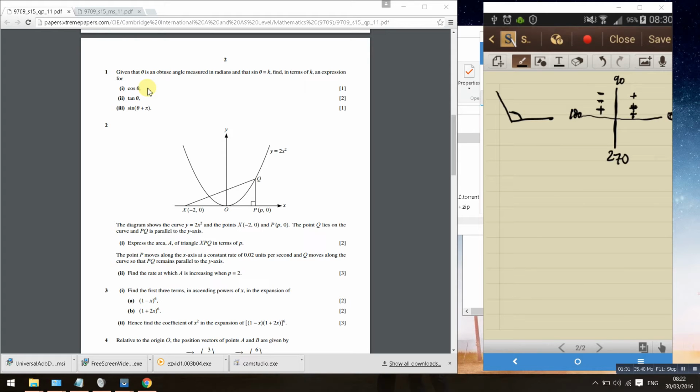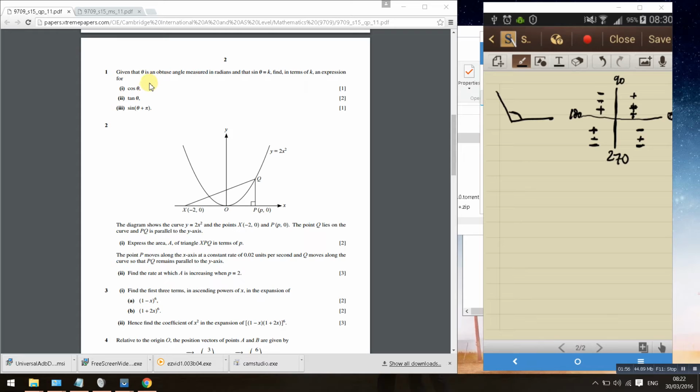When theta is between 180 to 270 degrees, sine will be negative, cosine will be negative, but tan will now be back to positive. And from 270 to 360 degrees, sine will still be negative, cosine will be positive again, and tan will be negative again.